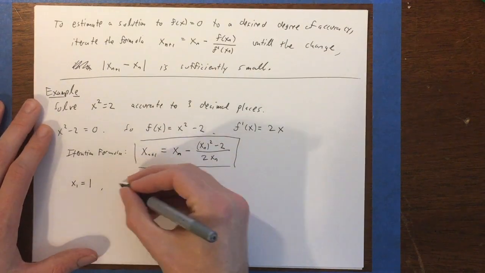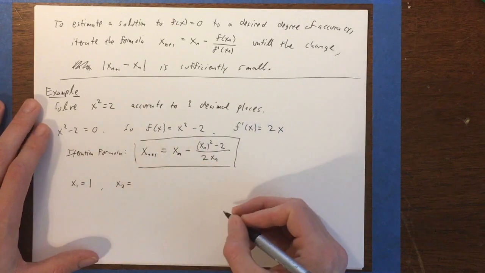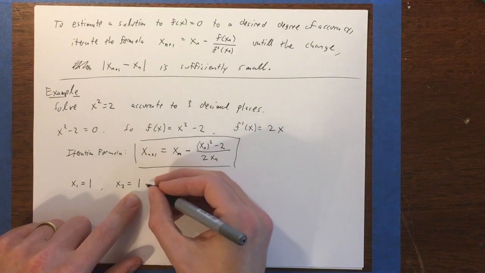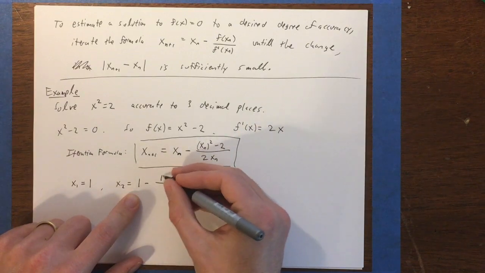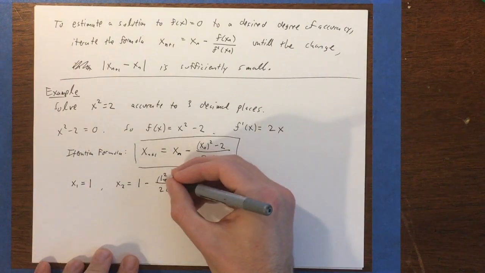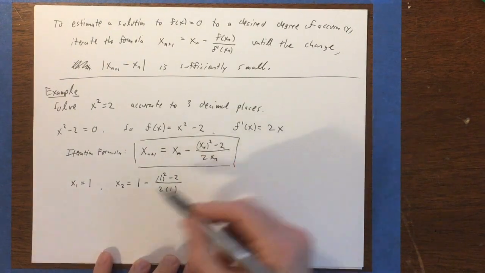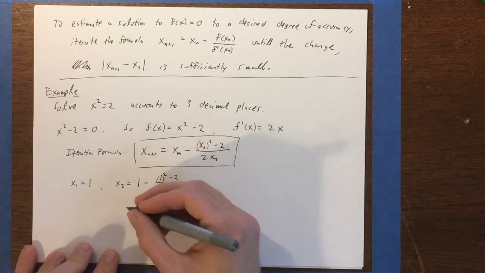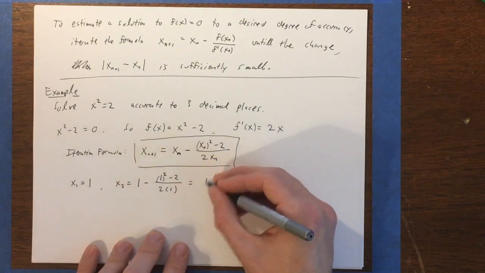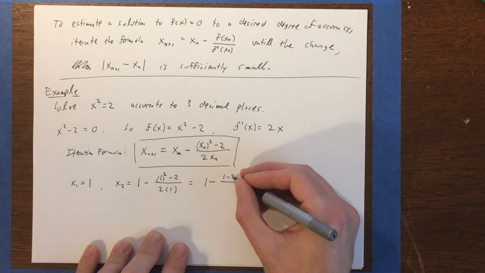So then x2 can be calculated by taking the 1 and plugging it into my iteration formula. So it's going to be 1 minus, and then 1 squared minus 2 over 2 times 1. So I'm just sticking in the 1 for xn, wherever xn appears. And now I can calculate that. That's going to be 1 minus 2 over 2.